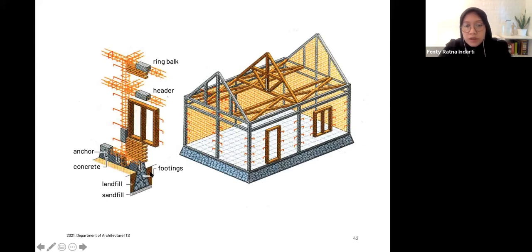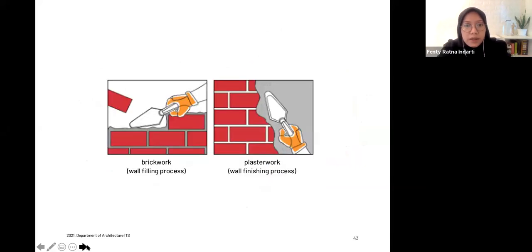On top of footings, you have a sleeve here, and then you have columns here, this is the ring bolt, this is the header to hold the openings, and then this is the wall as an integral part.